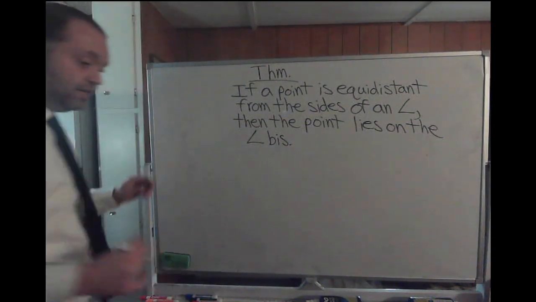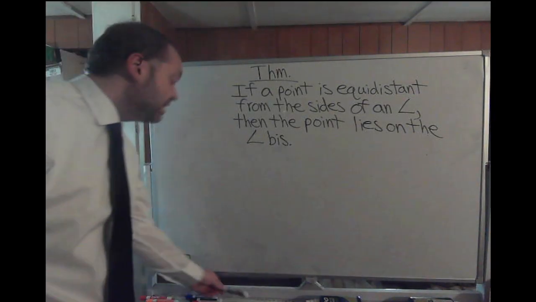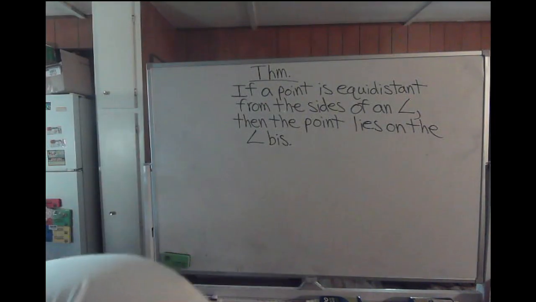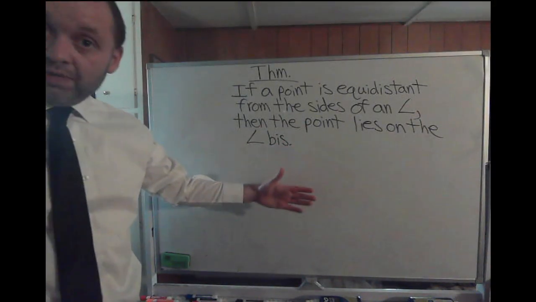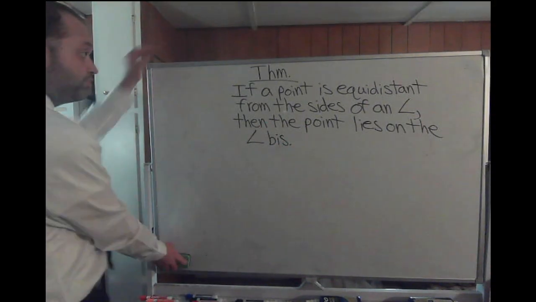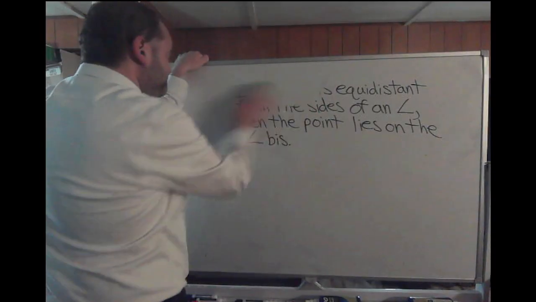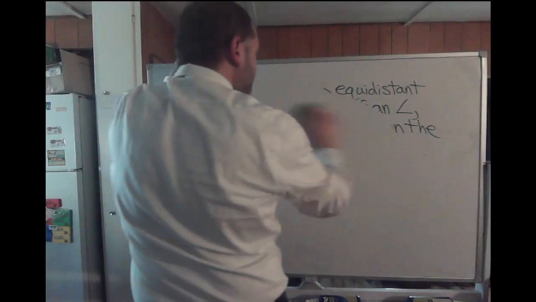So now we have the converse of the theorem we just talked about. If a point is equidistant from the sides of an angle, then the point lies on the angle bisector. And we're going to prove that real quick too. So let's draw another diagram here.